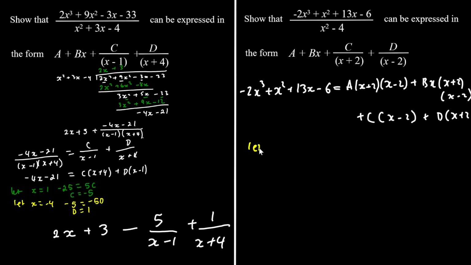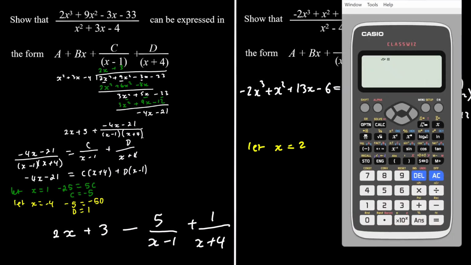So let x equal 2. Let x equal 2 and see what we get. I'm going to use the calculator. So we have negative 2 times 2 cubed plus 2 squared plus 13 twos minus 6.